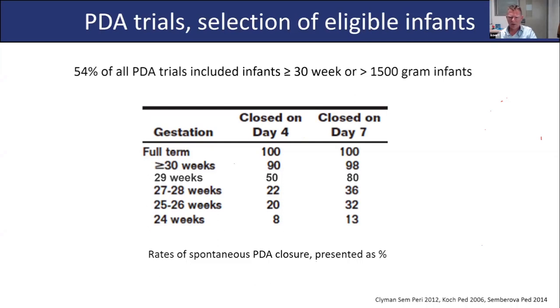And if you look at this particular table, which looked at spontaneous closure rates at day 4 and day 7, in that particular group, it's 90 to 100%. So you could really argue that these kind of babies probably don't need a difficult discussion about should they give a medication with possible side effects or not.